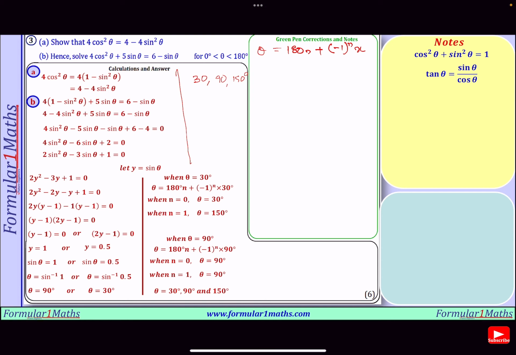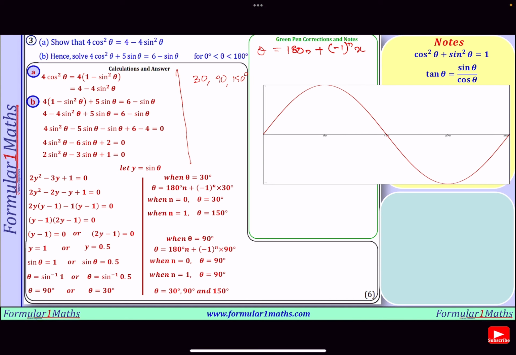So for the graphical method, I have to draw the sine curve between 0 and 360. So I get that. Then look at this for 30. We got 0.5 here. 0.5 will be somewhere over there, knowing that the maximum you can get to is 1 and the minimum you can get to is minus 1. So let's put in 0.5 and draw the line over there. Now, this is the axis for the angle. So at this point we have one value here, and at this point we have another value here.